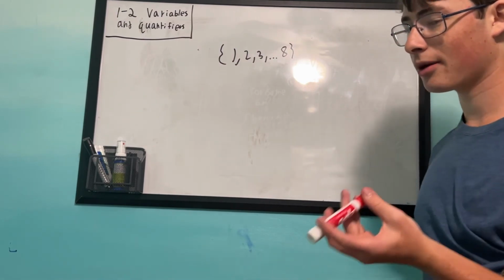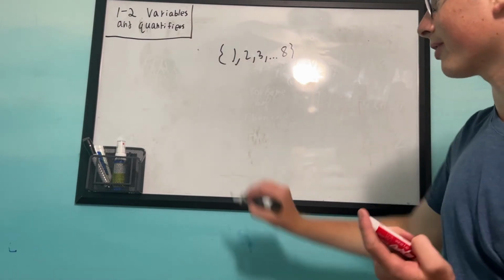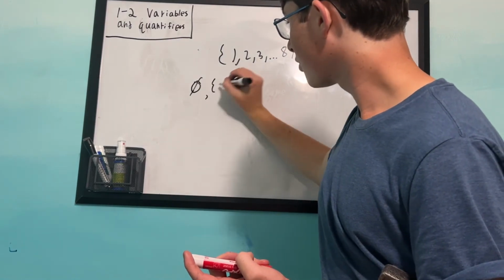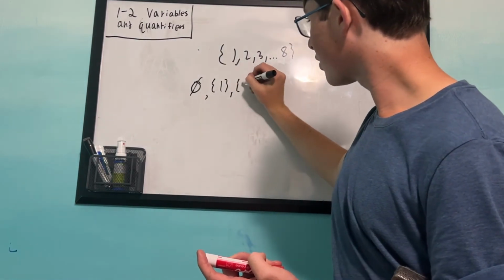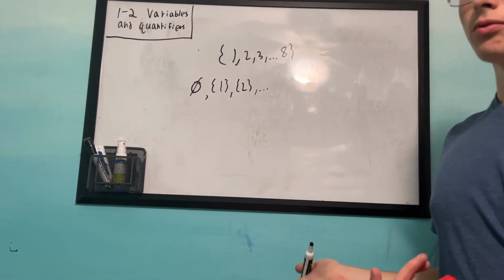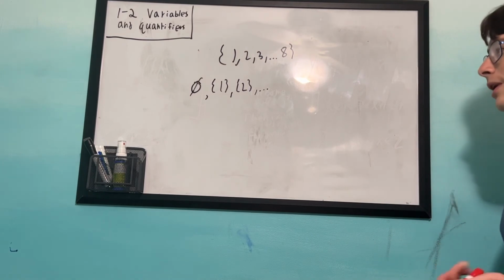If you wanted to figure out how many subsets you can make, you could go through painstakingly, empty set, subset 1, 2, and so on, but that would take way too long by hand.